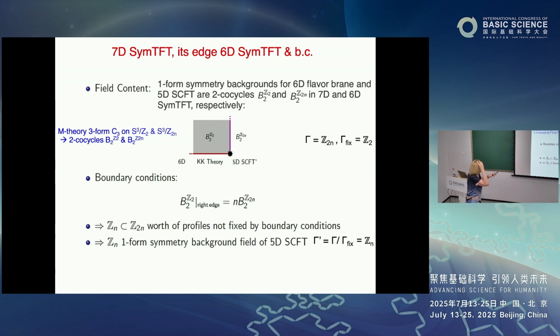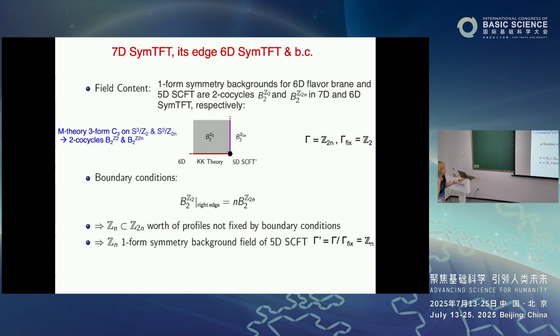And then similarly, we are dealing also with one-form symmetry fields associated with cocycles that are associated with the edge field theory, which possess Z2N symmetry. This is what we would have if we had only an isolated singularity; now we have the effects also of the bulk associated with the flavor. Now bulk and edge SymTFT interact.